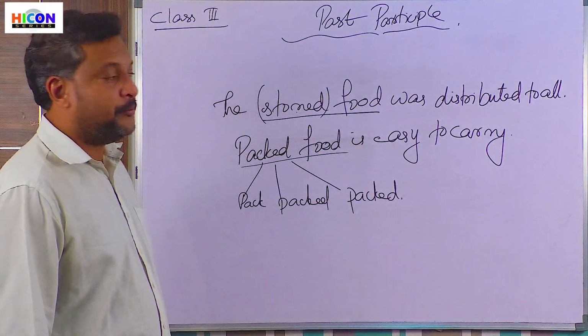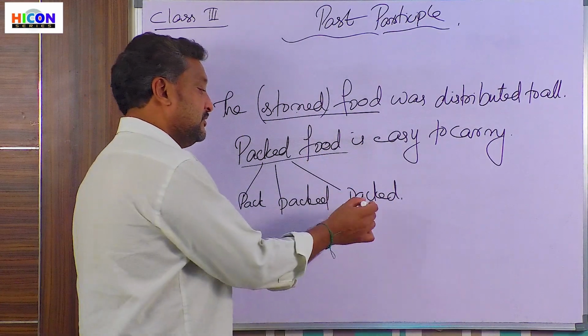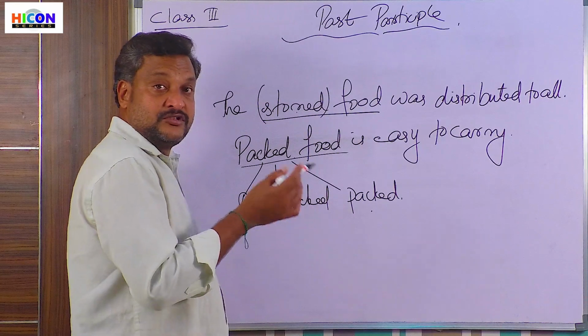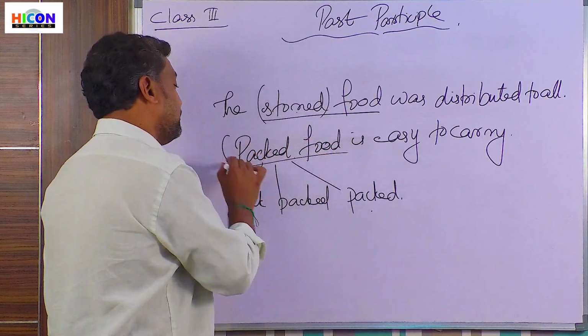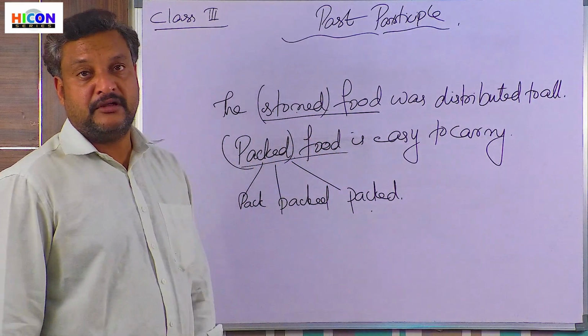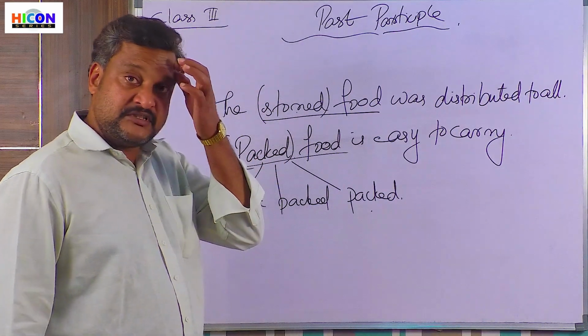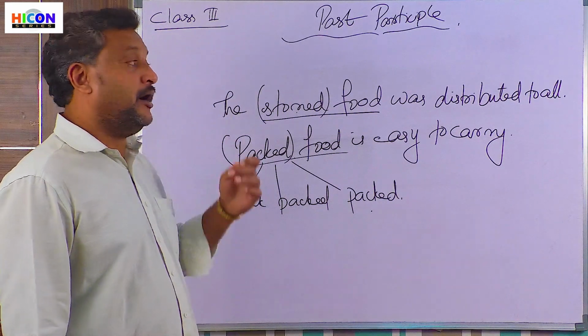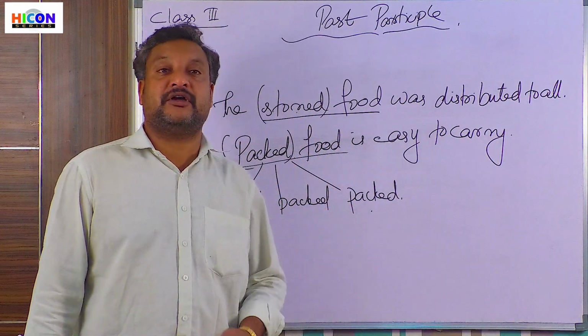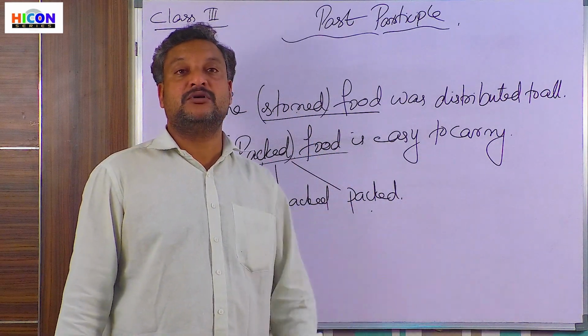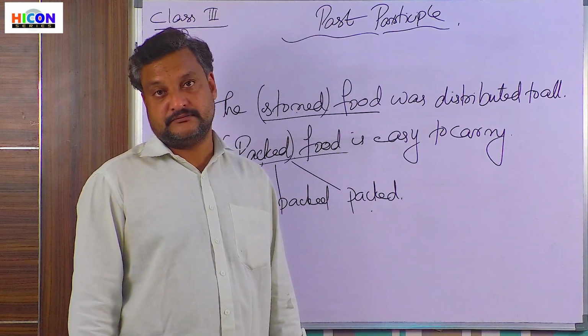Isn't it? This is what we use here. So food is now described as packed food. Okay. So the V3 or the past participle form of the verb is used to describe, to modify or to qualify a noun that comes after it.